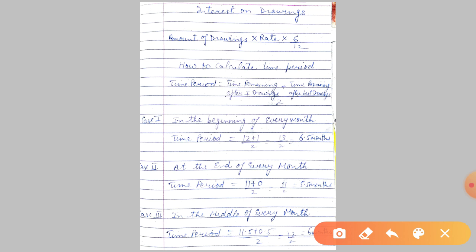So if I draw on 15th April, then how much time is remaining? 11.5. And if I am withdrawing on 15th March, then how much time is remaining? Half a month, that means 0.5 months. So the time period will be 6 months in that case. I hope this is clear to you.